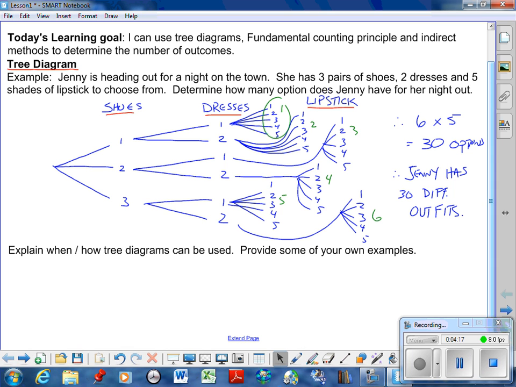So explain when or how tree diagrams can be used and provide some of your own examples. You would use them when there are multiple independent choices.